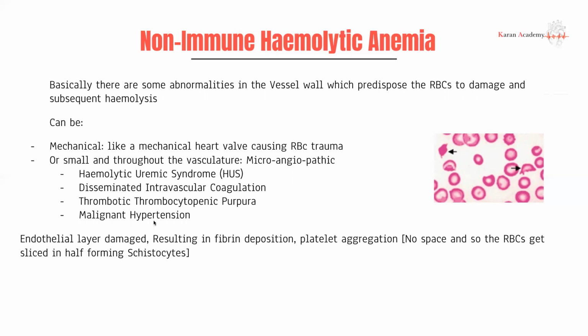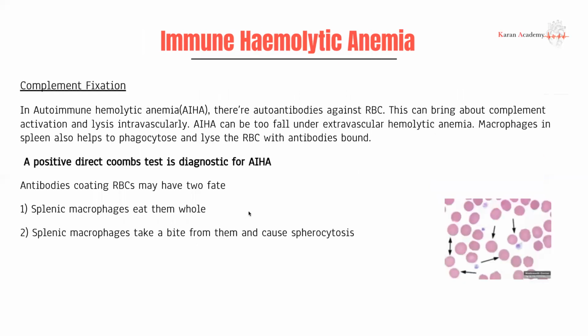Now, this can be due to things like hemolytic uremic syndrome, DIC, TTP, malignant hypertension. You don't need to know the specifics of this. What basically is going on here is you have damage to the endothelial layer, which is quite widespread. This causes fibrin deposition and platelet aggregation. And when the blood flows past this irregular platelet aggregation, you're going to have hemolysis.